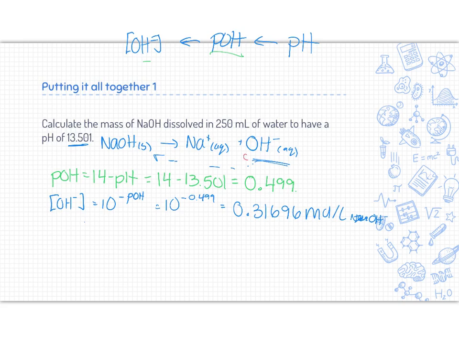Once I have the concentration of OH minus, I can use my mole ratio to convert back to the concentration of NaOH.